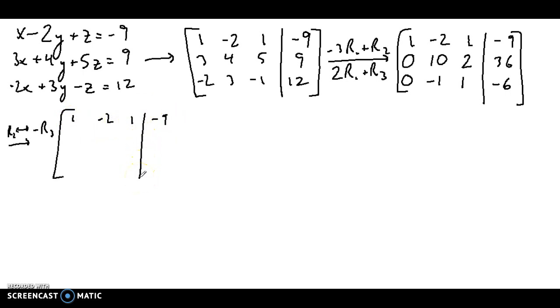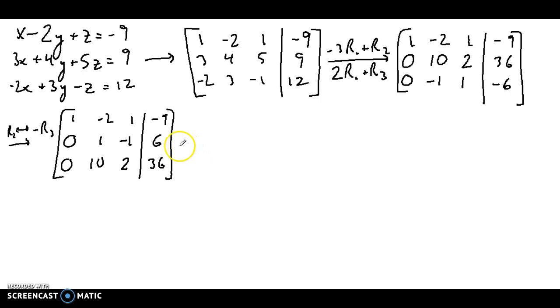My handwriting's getting worse though. And we're swapping these rows. We're negating row 3. So 0 stays 0. -1 becomes +1. +1 becomes -1. -6 becomes +6. Row 2 isn't changing. It's just moving down here. So we have 0, 10, 2, and 36.